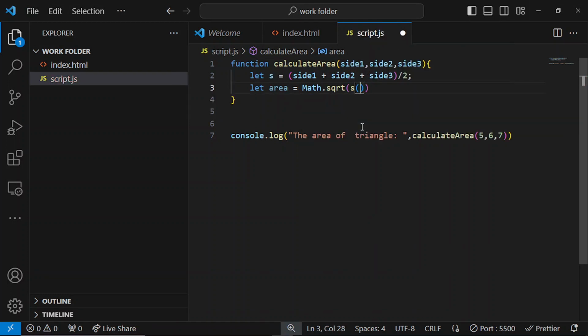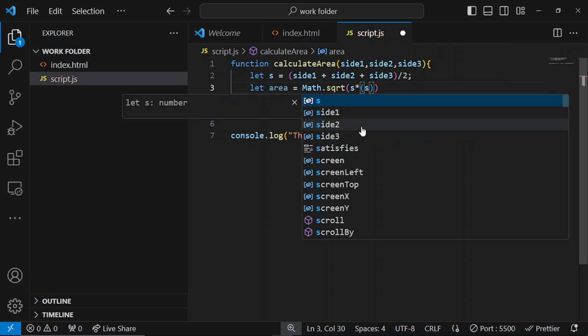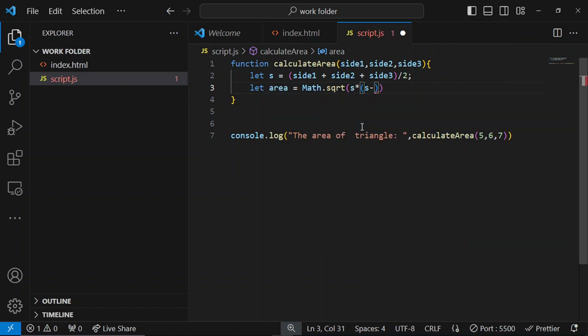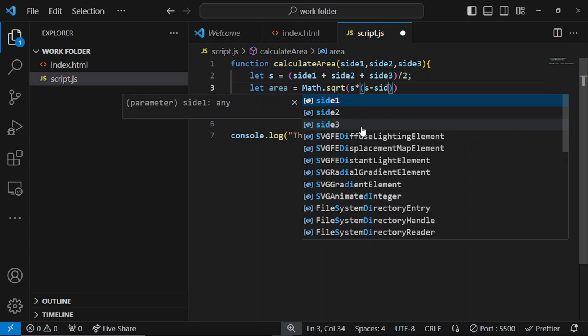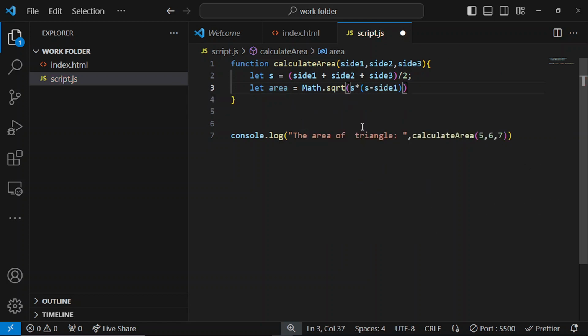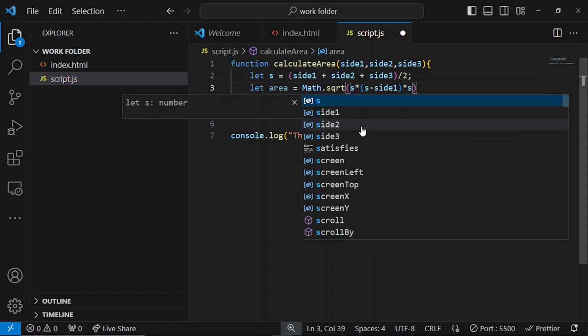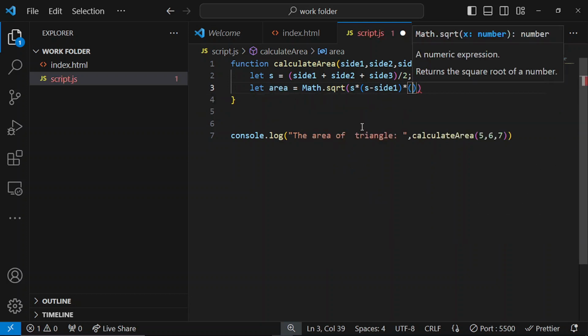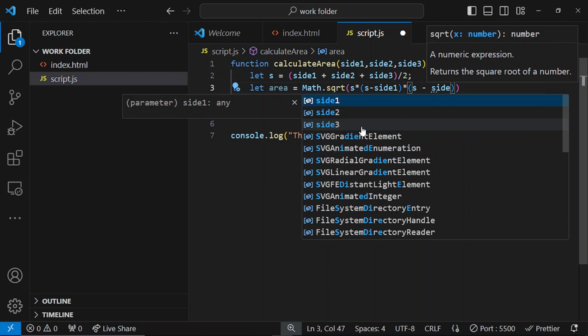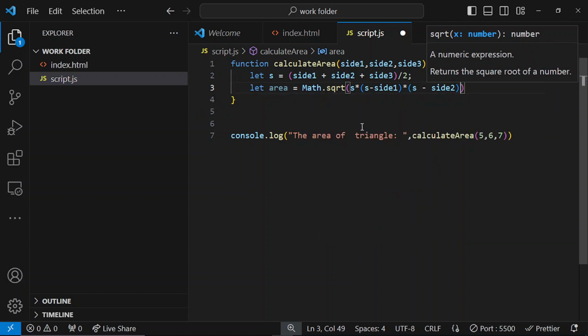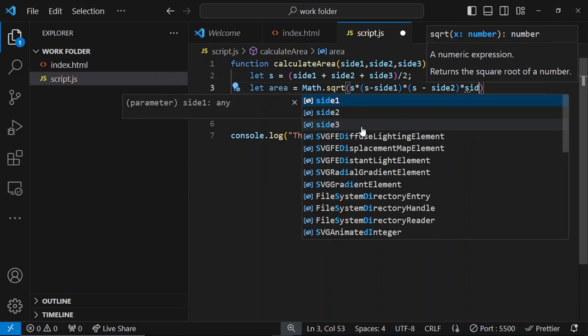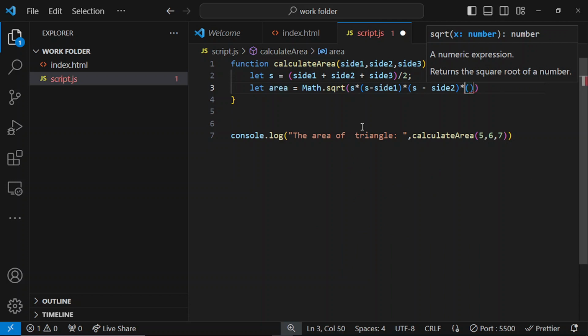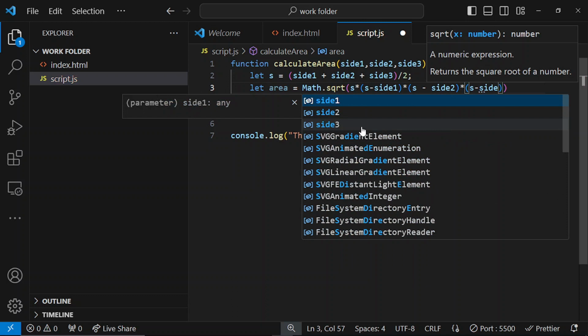I can multiply s with s minus a, where a means side 1, and then we can multiply s minus b, which is s minus side 2, and then we can multiply s minus side 3.